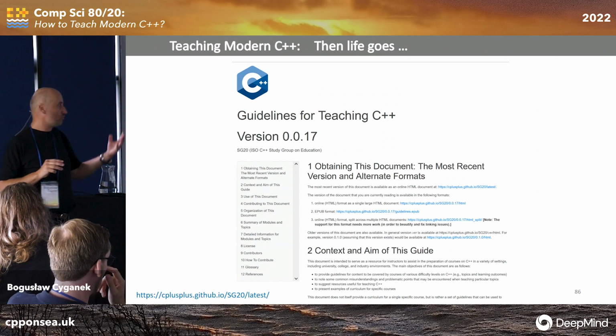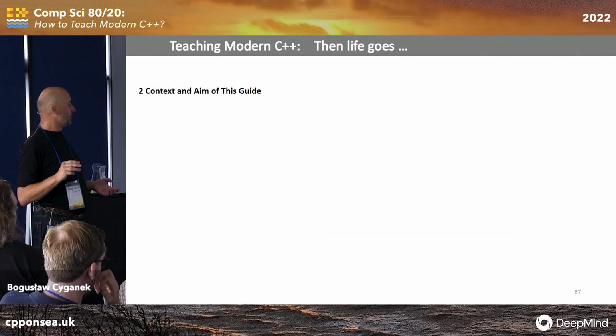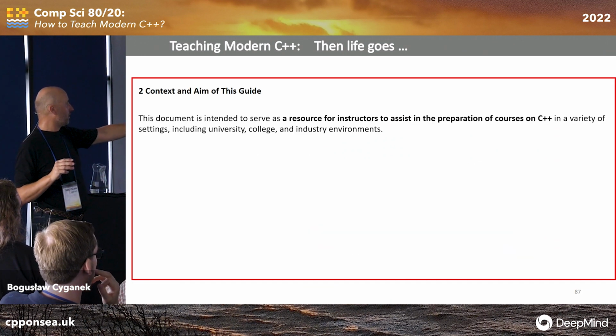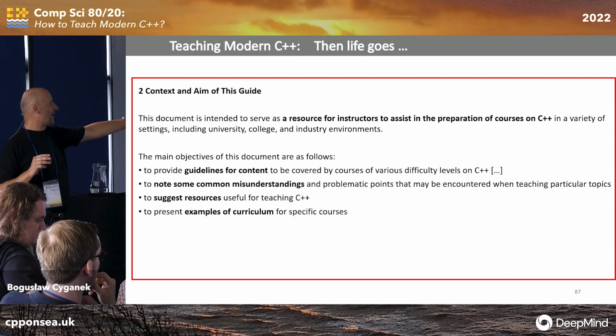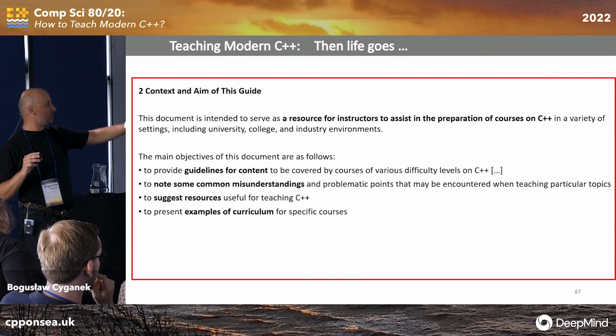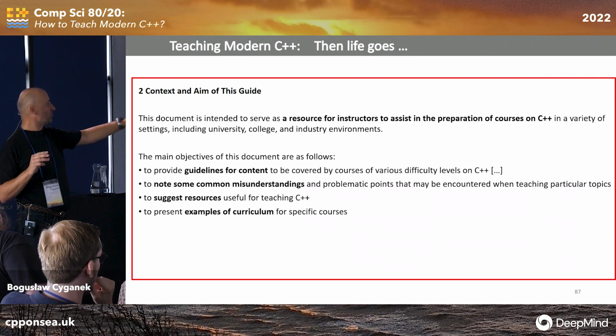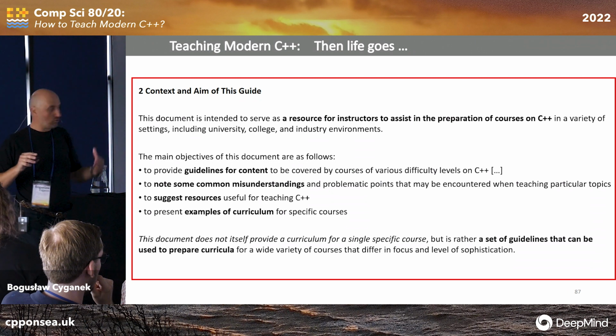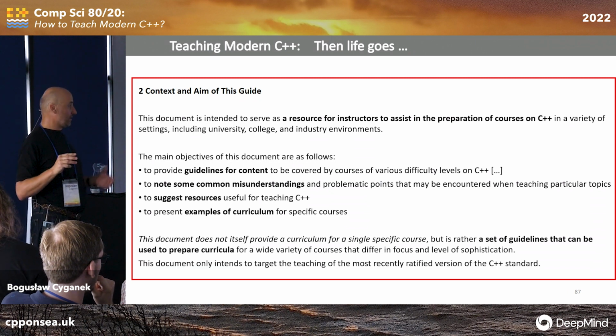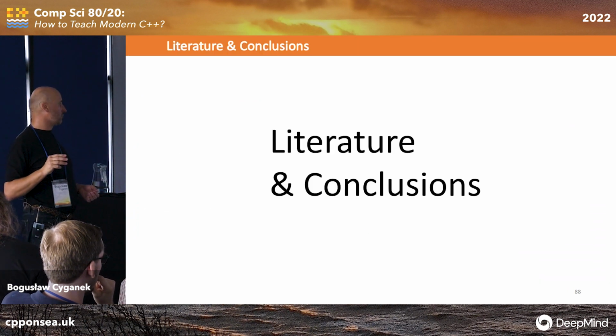There are guidelines on how to prepare classes. The most important things: this is guidelines for content to be covered by courses, not some common misunderstanding also. Suggest resources and present example curricula for specific courses. So this is some meta document, I would say. But you can also join us, and you can write.